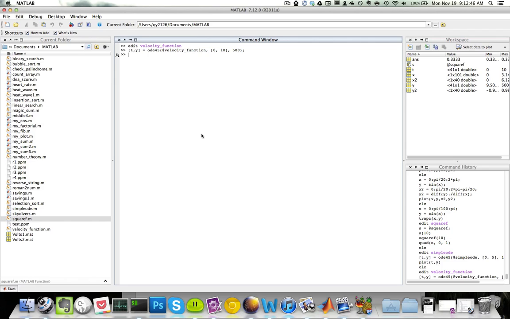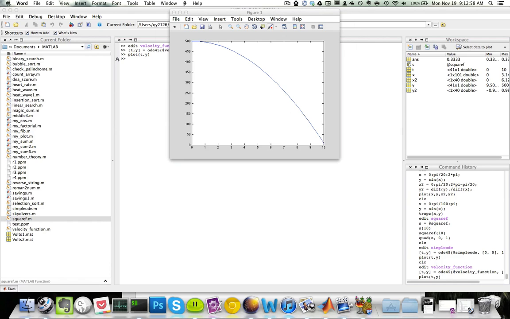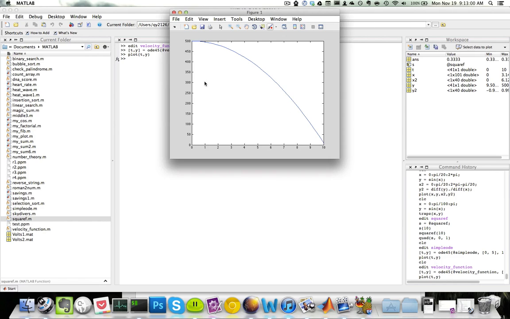Now, let's plot our t versus y graph, plot(t, y). And we see our graph here. Now this graph should make sense. Initially, we start off at 500. When we drop the object, it goes through a decrease, and eventually at around 10 seconds, it will fall to the bottom.